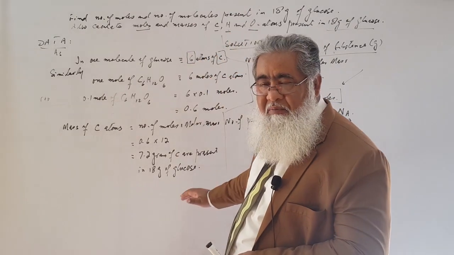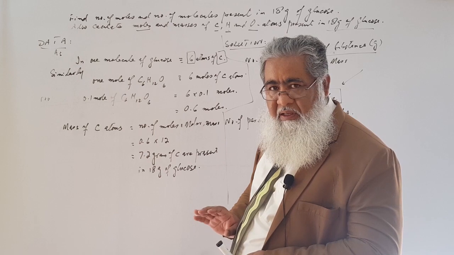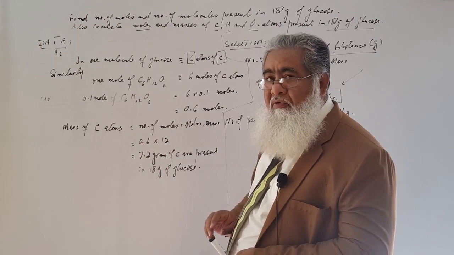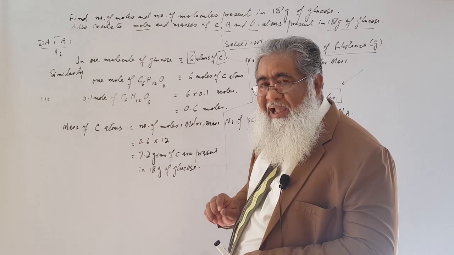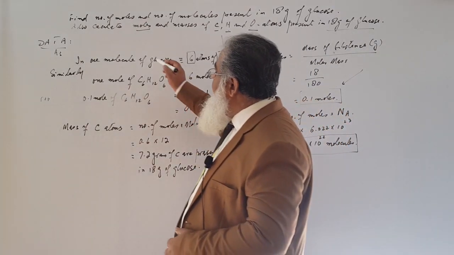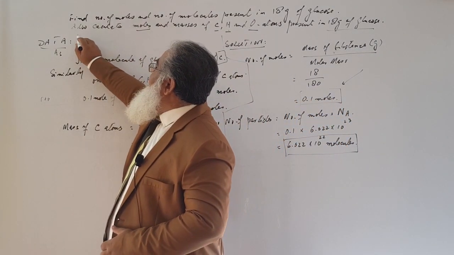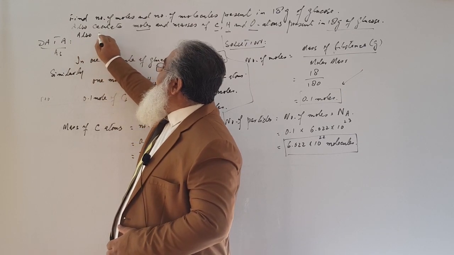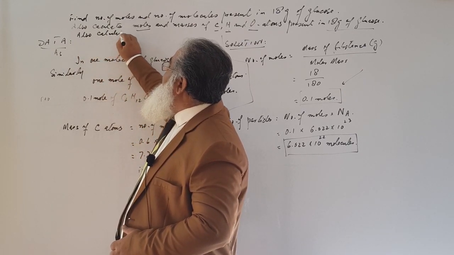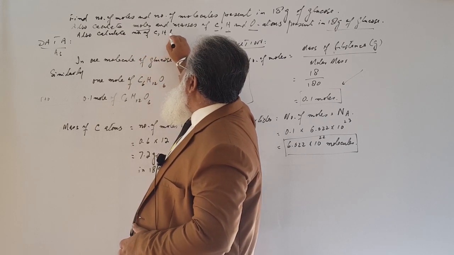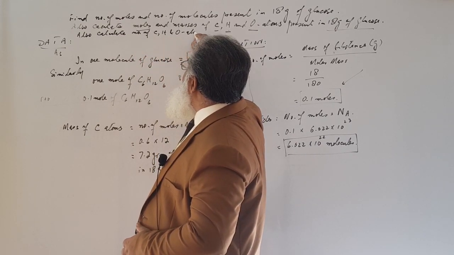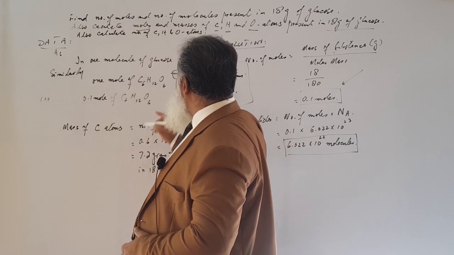Now, the remaining solution is left for you, to find the moles and masses of hydrogen and oxygen by the same method. Now, how can we find the number of carbon atoms if this numerical is further extended and you are asked to also calculate the number of carbon, hydrogen and oxygen atoms?